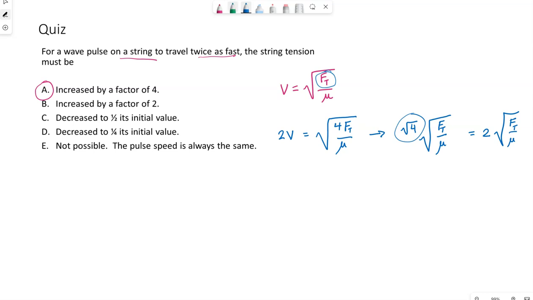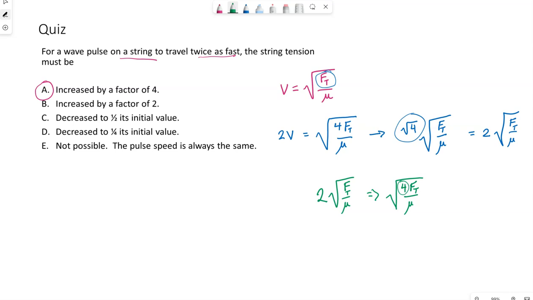If you want, you can also think of that as I want 2 times this original velocity. And then to bring the 2 under the radical, we have to square it, and we can see that we end up with the 4 in there in terms of the force of tension. So by increasing the tension by a factor of 4, the speed of the wave will double.